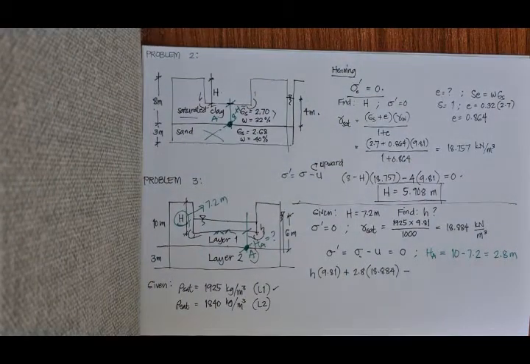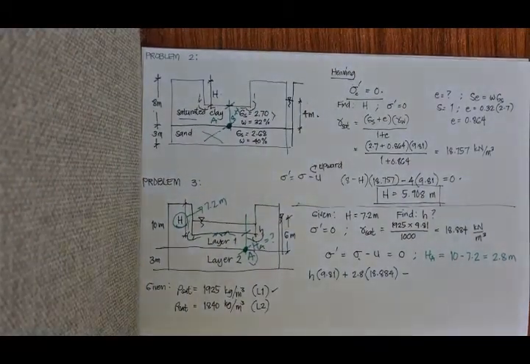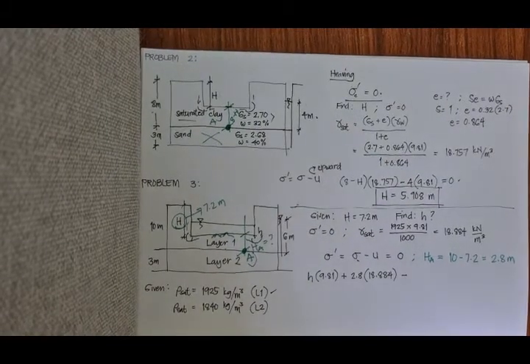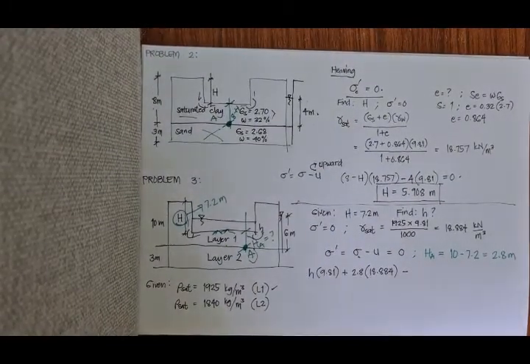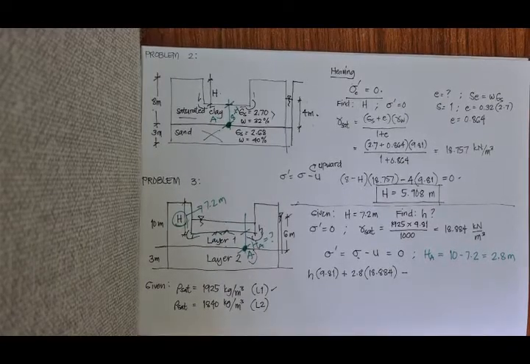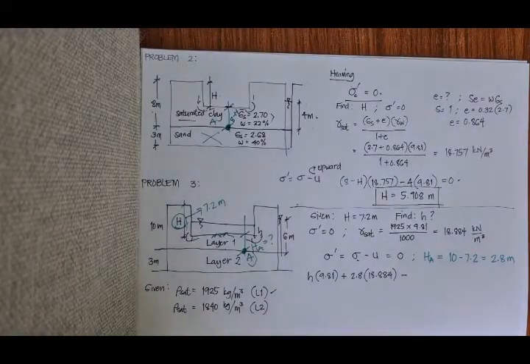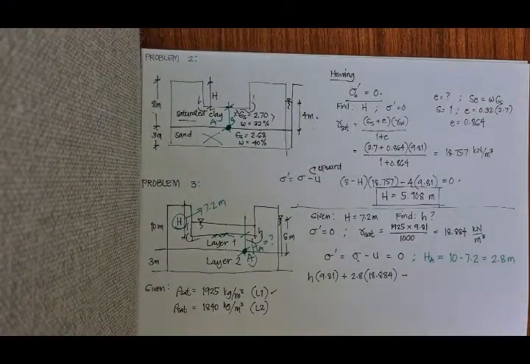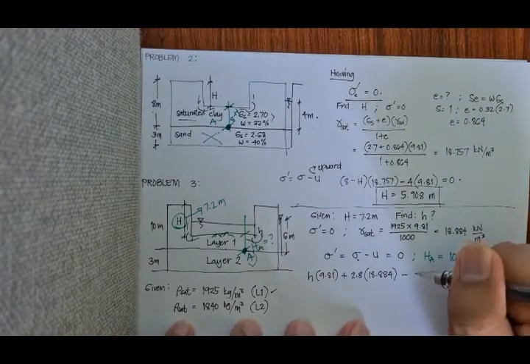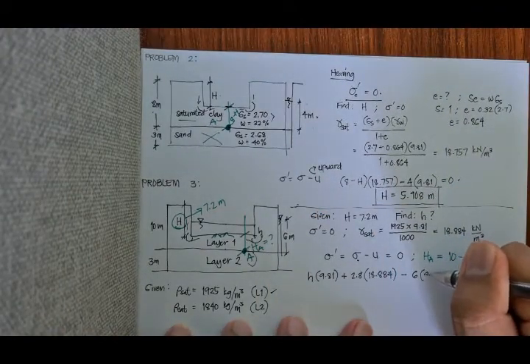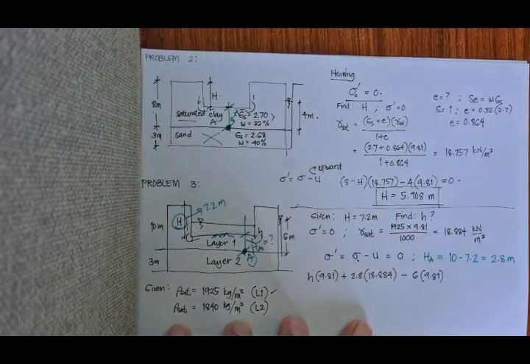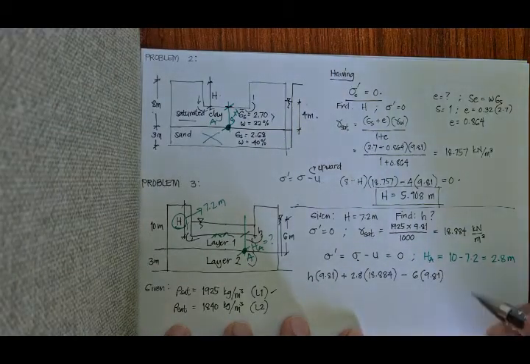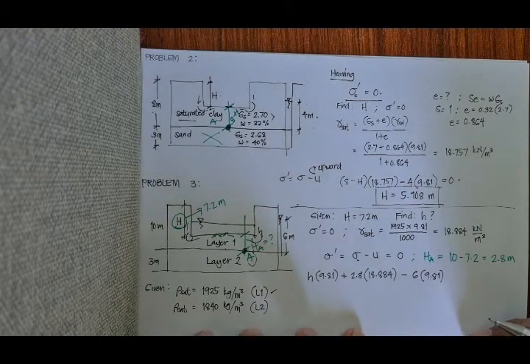Doon sa neutral stress natin, since meron tayong dalawang water na present, pwede natin i-consider yung fact na meron tayong ganong kahataas na tubig. Meron tayong 6 meters. So, meron tayong 6 times 9.81. Yan lang ba yung tubig sa taas?